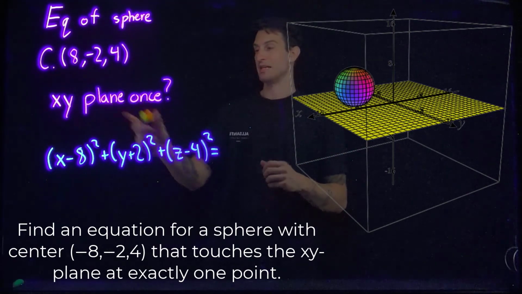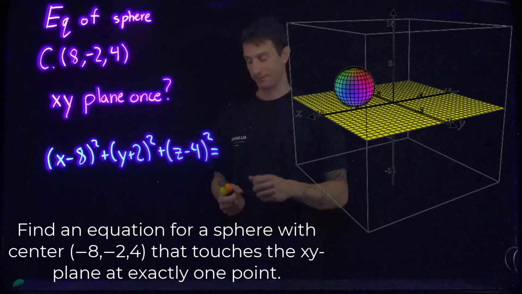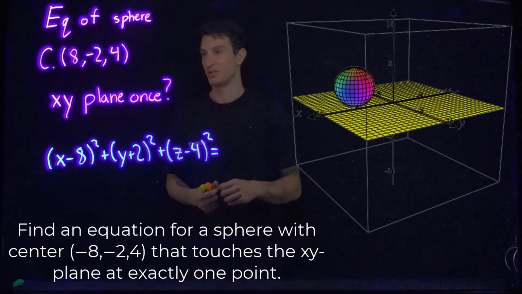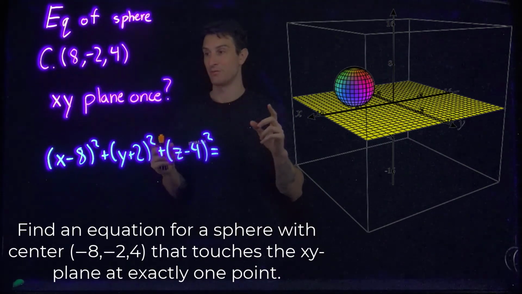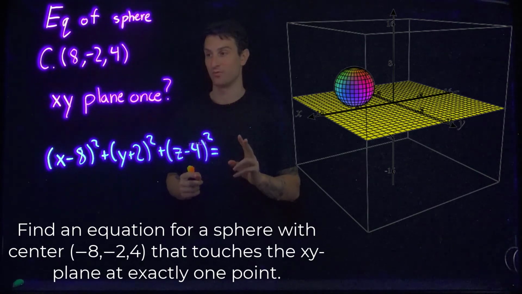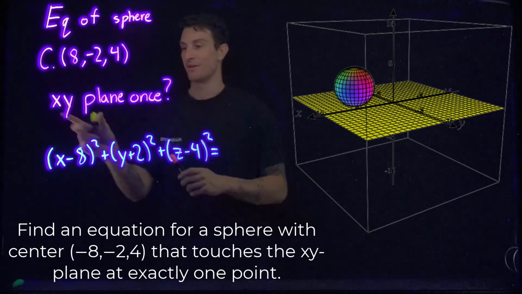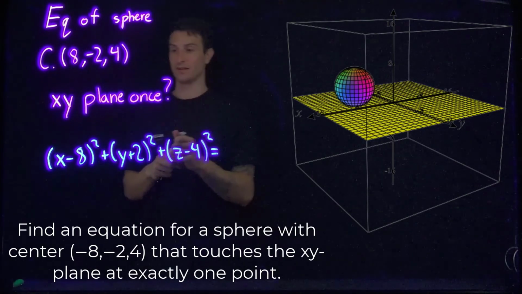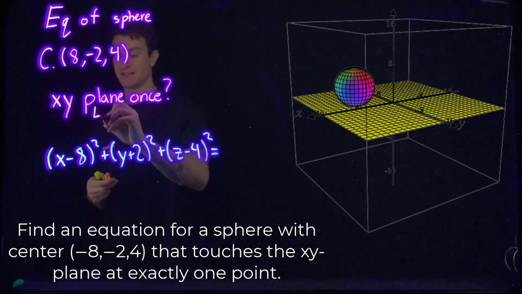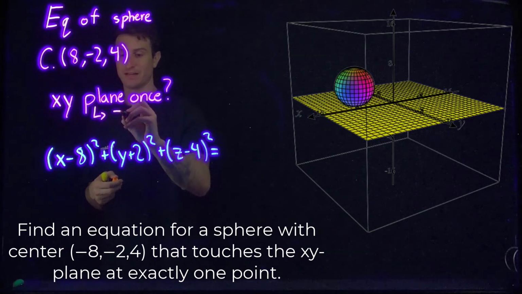Okay, the only thing I know is that it touches the xy plane once. If it goes past the xy plane, it's going to touch more than once, right? So think about what the radius would have to be. If I'm touching my xy plane once, that means my z value in my xy plane is equal to 0.